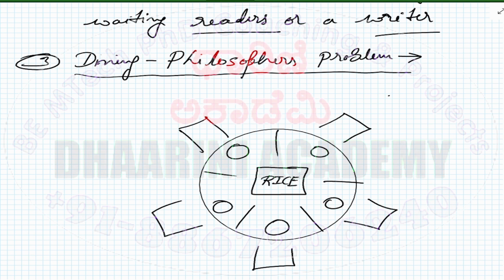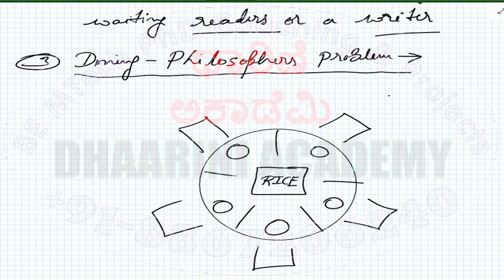The problem is not over. Now, when a hungry philosopher has both the chopsticks at the same time, that particular philosopher can eat without releasing the chopsticks. Whenever a philosopher is hungry, if the philosopher has both the chopsticks in hand, then they can eat rice.